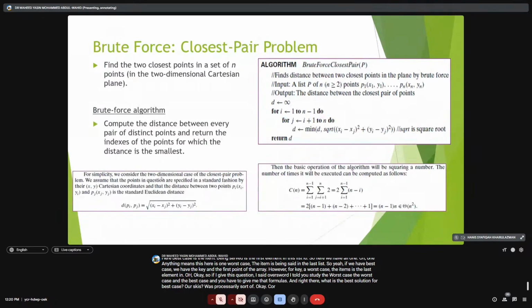Okay, closest pair problem. Here, as I told you, we have a point, and we have another point. We have many points. We want to check which pair is the closest pair.